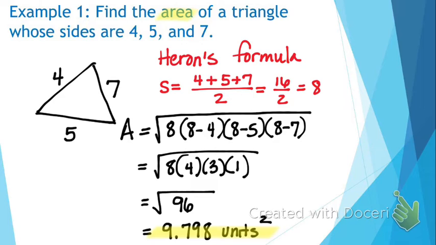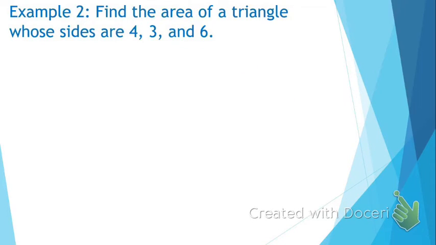Okay, let's look at example 2. Let's see if you can find that area by yourself. So again, you have another triangle, which you know all 3 sides. So take about 5 minutes, see if you can find the answer by yourself.